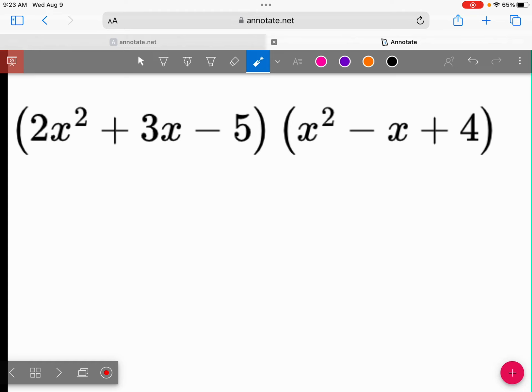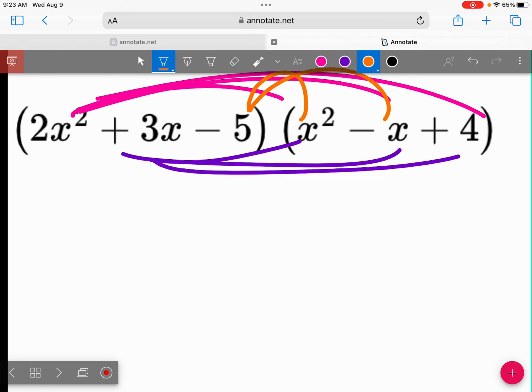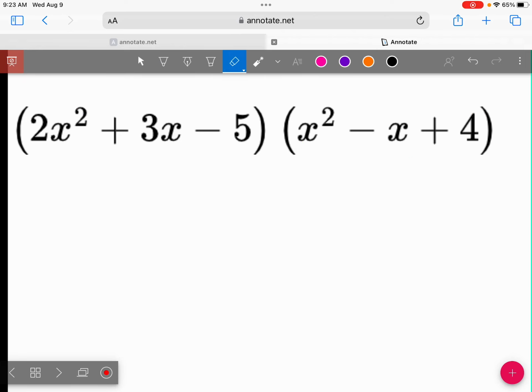This one, I am going to write a bunch of stuff out, because if we just start drawing arrows, this starts to get real messy real fast. If that works for you, that's great. But I'm going to write this out as a set of distribution problems where we take the 2x squared times this whole chunk.